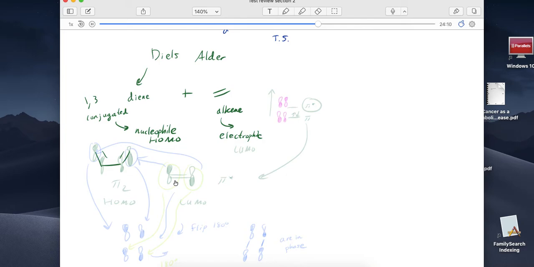So we've got 2 pointing up, pointing up, and that's the pi2 orbital. And if we compare it with the alkene molecular orbitals, it's just going to look like pi and then pi star, and then we have both in phase and then both out of phase, like so.